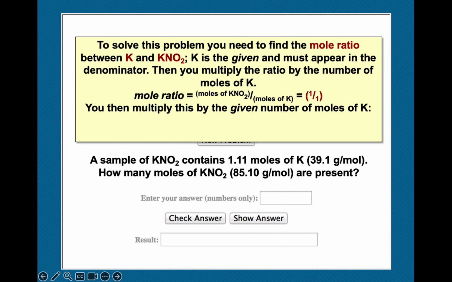So it's a 1-to-1 ratio. I just want to show you how you know how to set up the ratio though. As you look at this, our given is 1.1 moles of potassium. So moles of potassium has to be in our denominator. Up here, moles of potassium over moles of potassium nitrite. 1-to-1 is our ratio. Simply multiply that by 1, and we get 1.1.